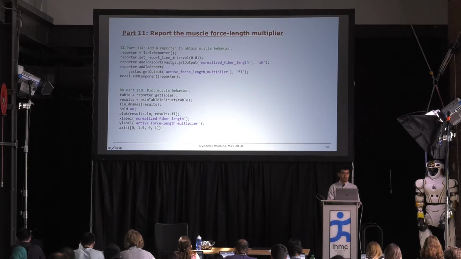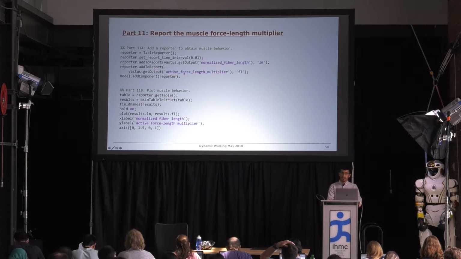And so you can do muscle get output normalized fiber length as a string. And then the second argument to add to report is a column label in the table for this output. So we want two outputs. We want the normalized fiber length, and we also want the active force length multiplier. And we abbreviate that using the column label FL.